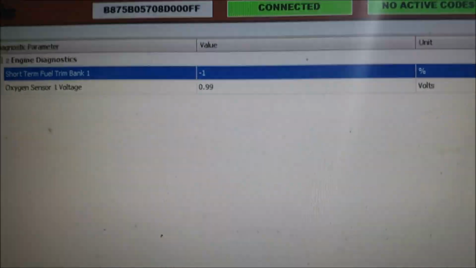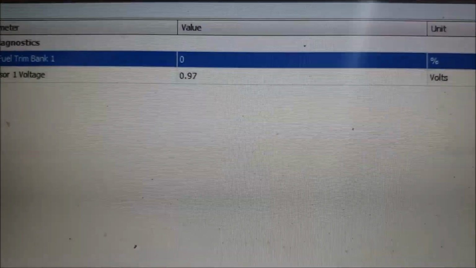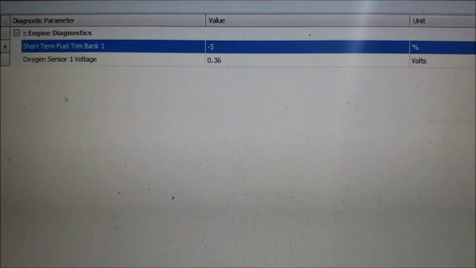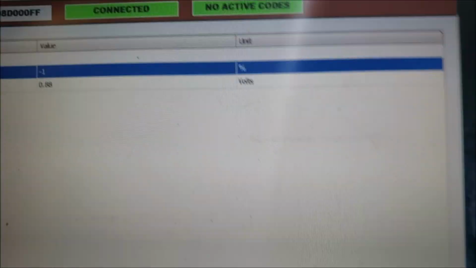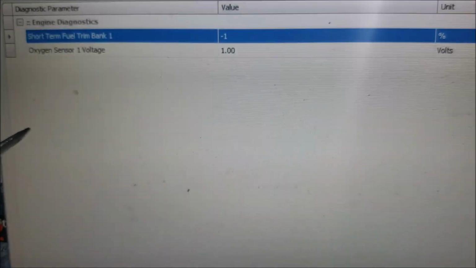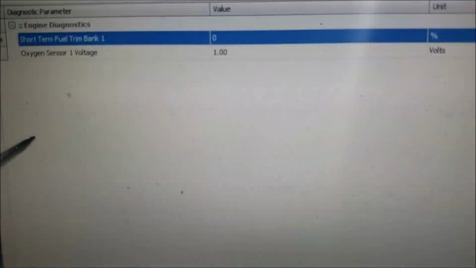It's 1 again, and now the oxygen sensor starts switching again. My fuel trim is back to where it should be. Not that bad, and the engine right now is not running that bad. It's switching again the way it should be.